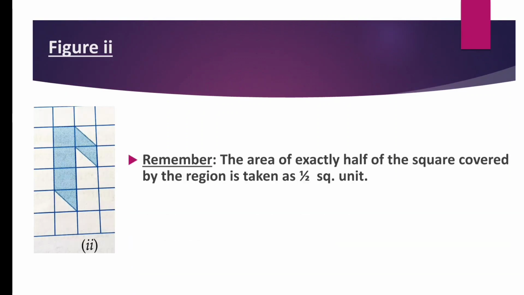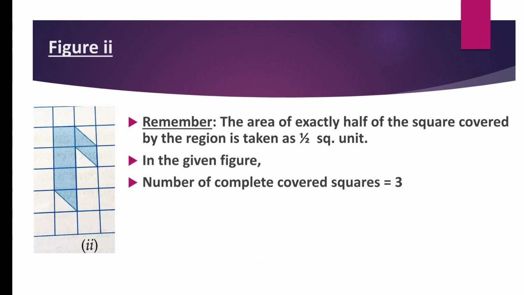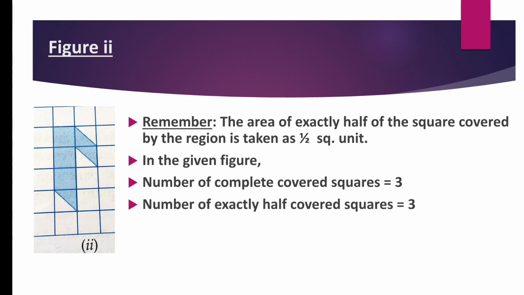Now see the second figure. The point that you will remember is the area of exactly half of the square covered by the region is taken as half a square unit. Now in the given figure, number of complete covered squares you can see is 3. Number of exactly half covered squares is equal to 3. Now you can see here 1, 2, 3.